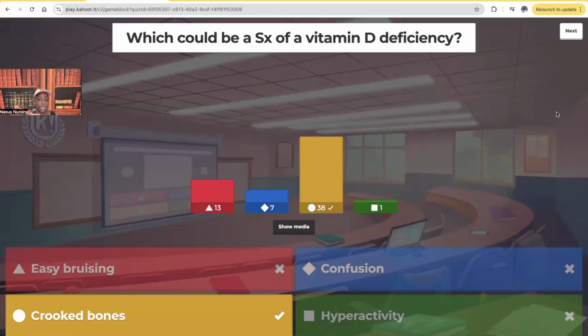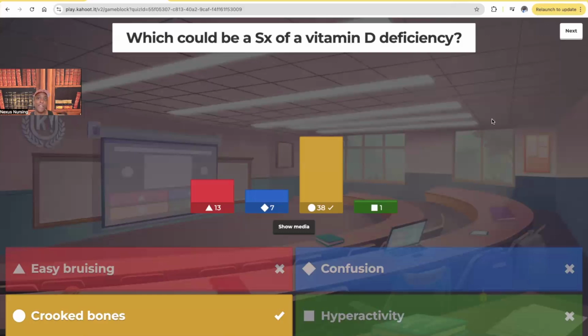Yes, easy bruising. So, for example, if a patient's platelet count was low, they can bruise or bleed easily because remember, platelets, that's what helps you to clot. Now, when it comes to confusion, lots of things could cause confusion, such as infection, UTI, especially in the elderly. But something else that can cause confusion would be something like vitamin B12 deficiency, right? And the last choice, hyperactivity, I just threw that in as a symptom.